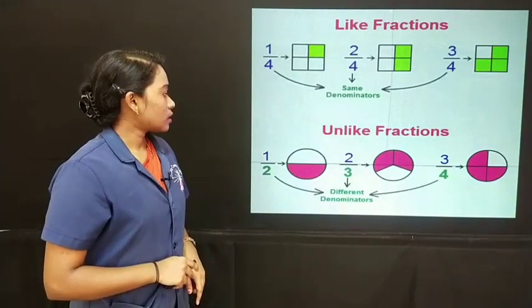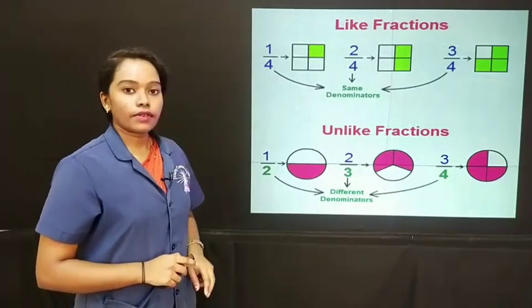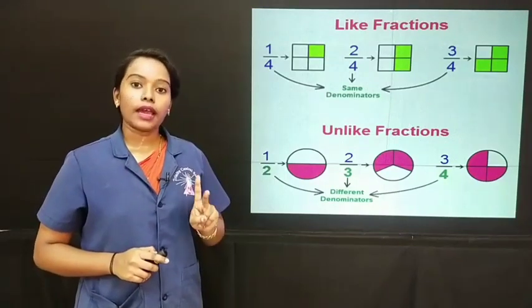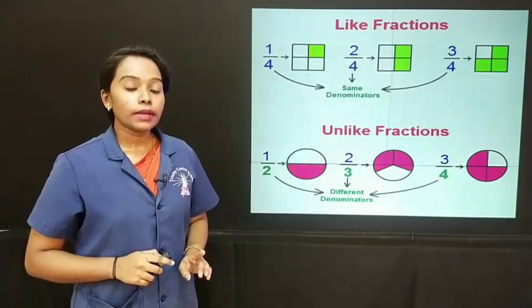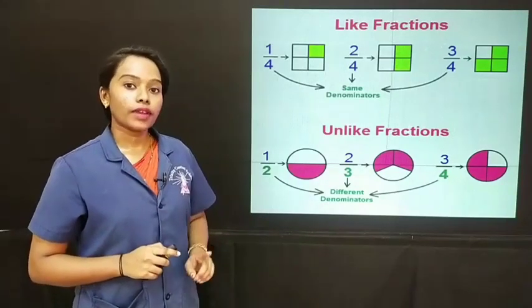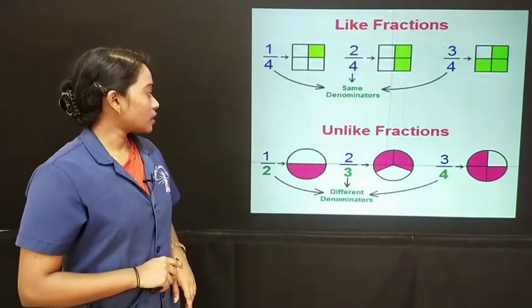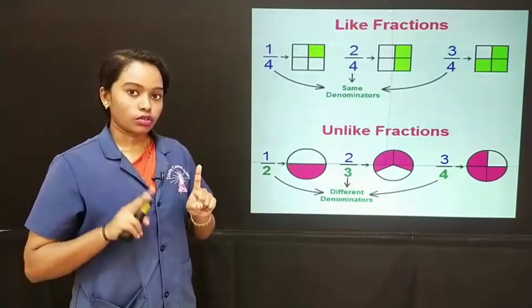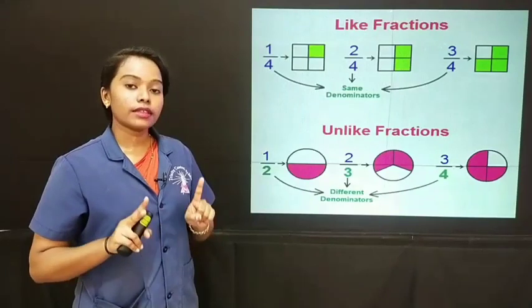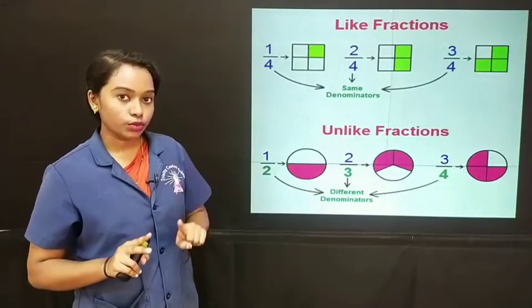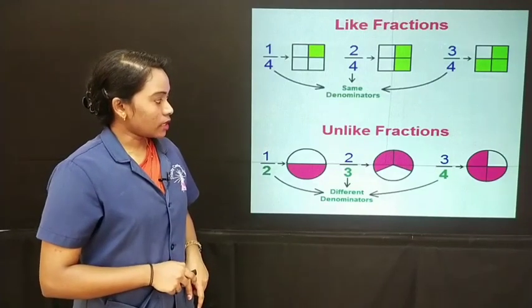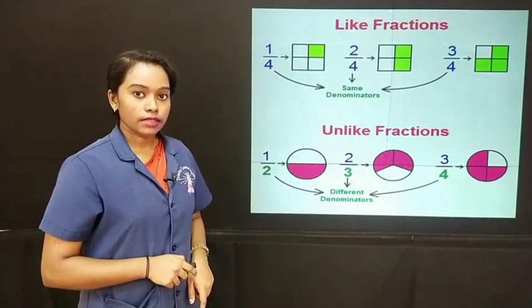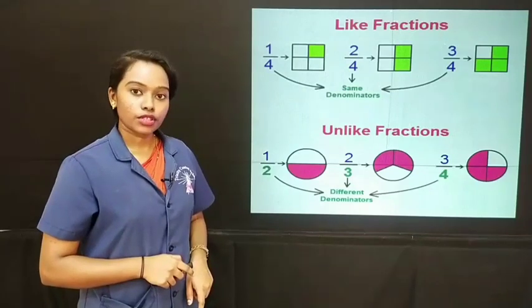Now, come here. The circle is divided into 2 equal parts and one of them is shaded with pink color. Represent that in terms of fraction. And the fraction for this is 1 out of 2 parts is shaded, therefore the fraction is 1 by 2. In the second circle, the circle is divided into 3 parts and 2 of them are shaded.